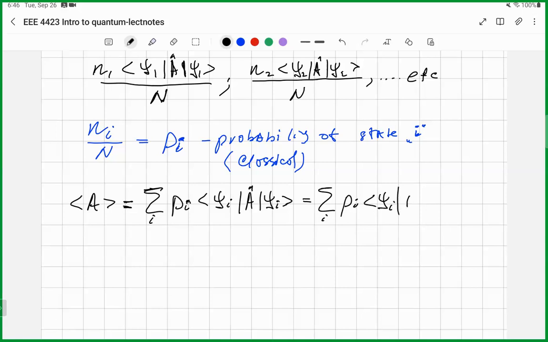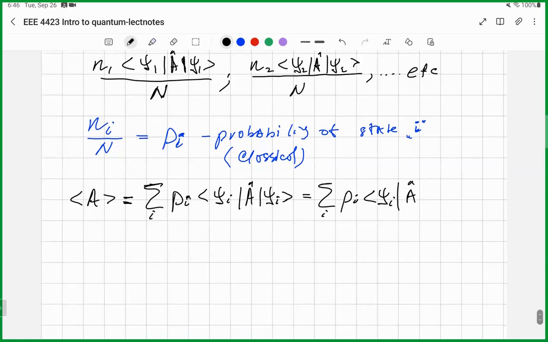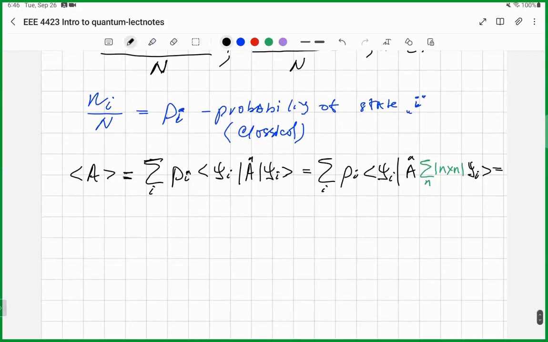⟨ψ_i|A, and now I introduce this summation over here, where the summation runs over n, |n⟩⟨n|, and then the |ψ_i⟩ vector. So now I can take this summation to the first place.